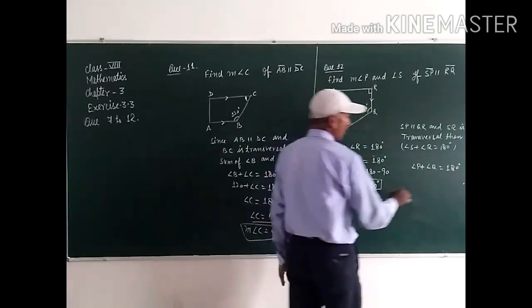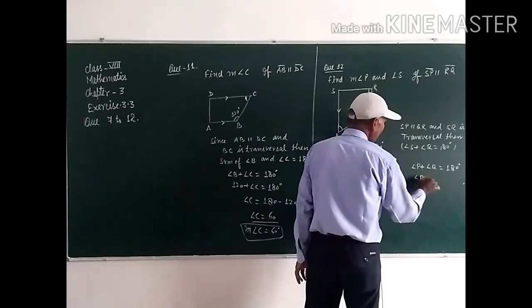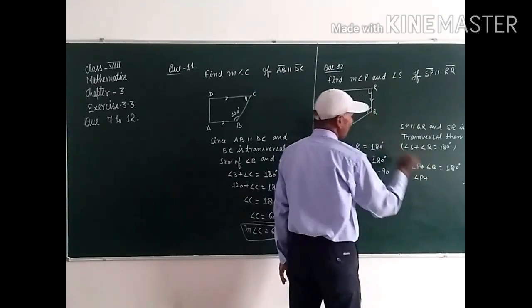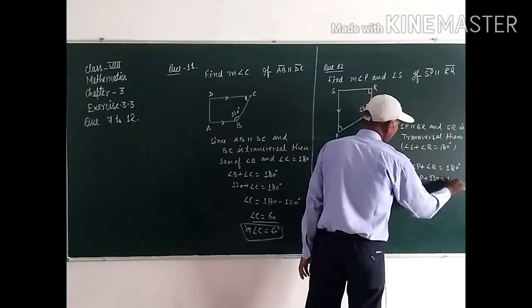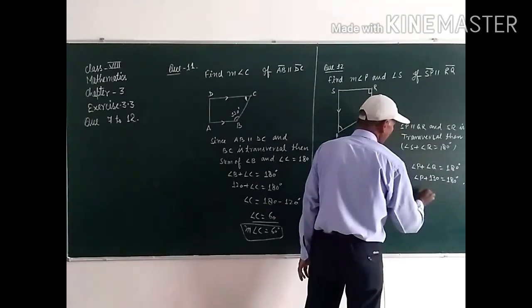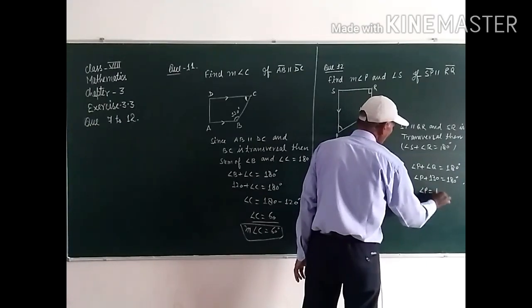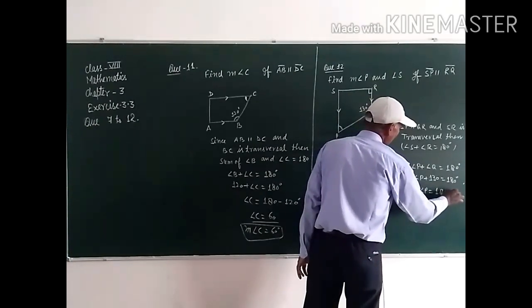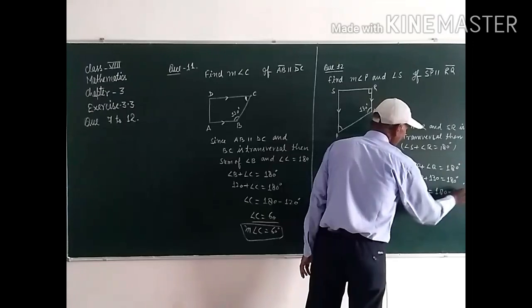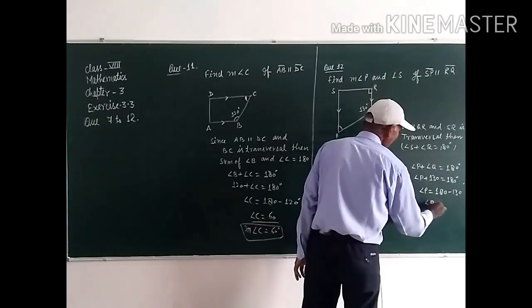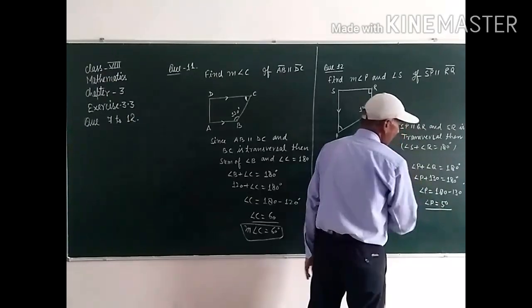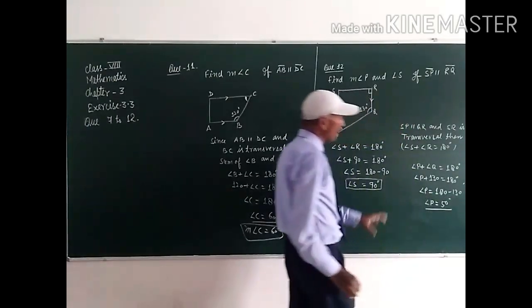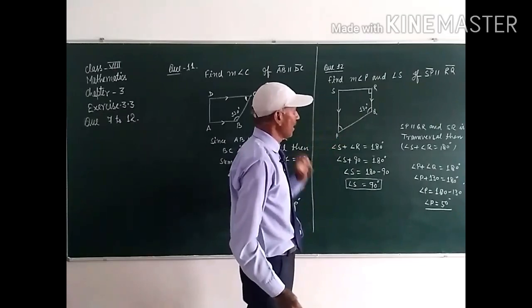Same reason, student. And angle P plus Q is given here, 130, is equal to 180 degree. Now angle P is equal to 180 minus 130. So angle P is equal to 50 degree. Clear, student? The value of angle P is 50 degree.